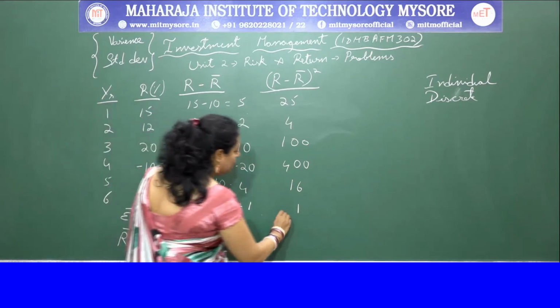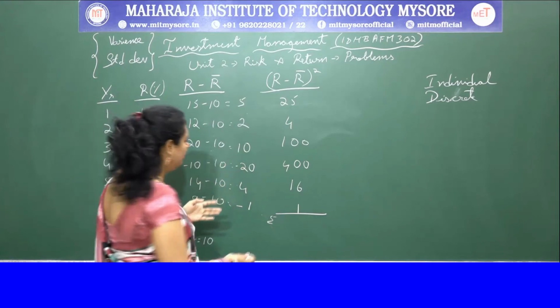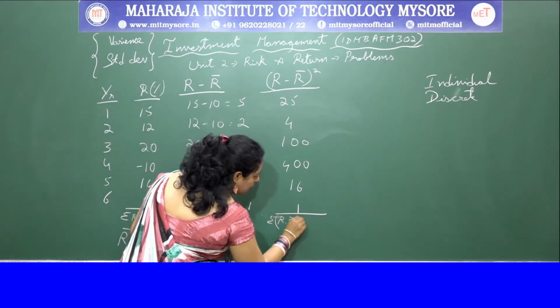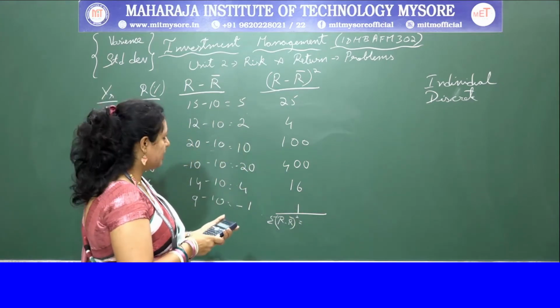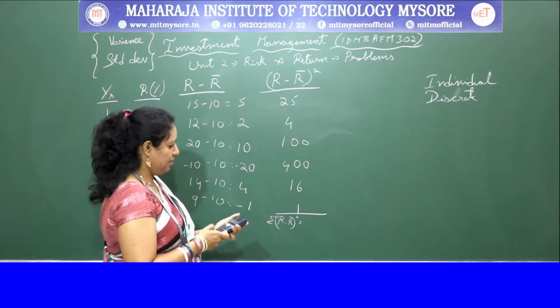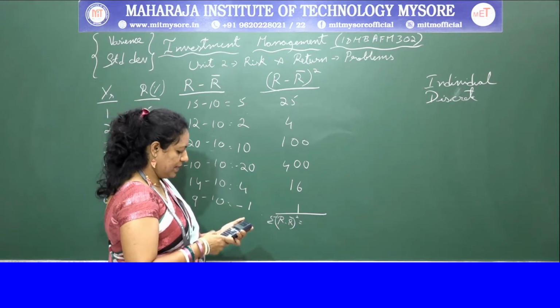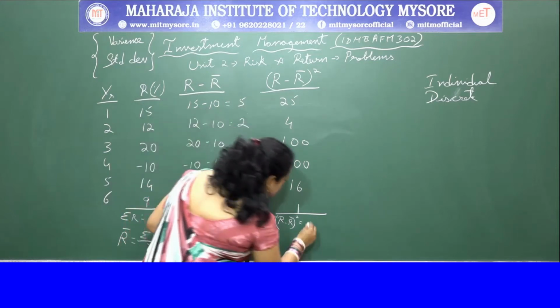Then you have to do the sigma of R minus R bar square. Sigma of this is 25 plus 4 plus 100 plus 400 plus 16 plus 1, so you get 546.